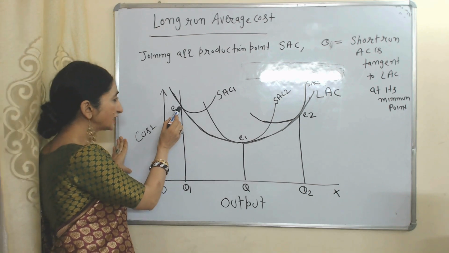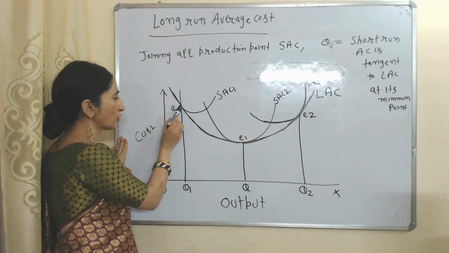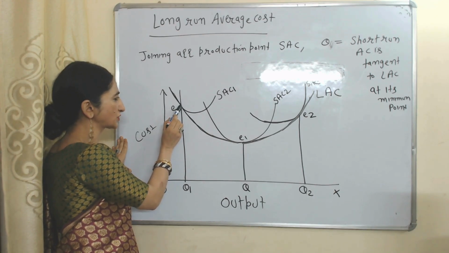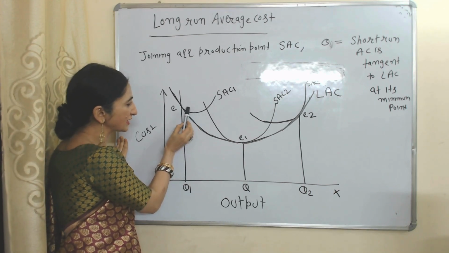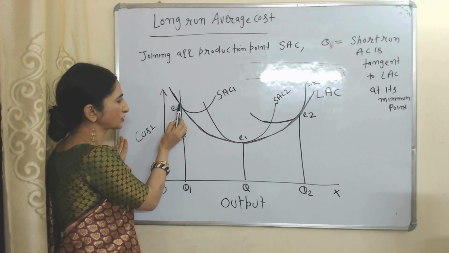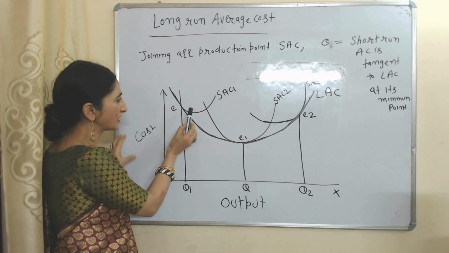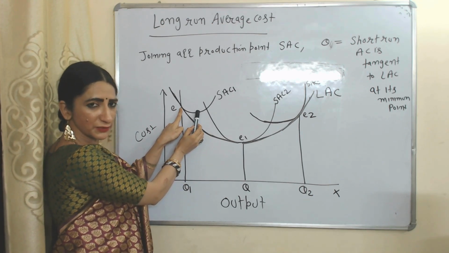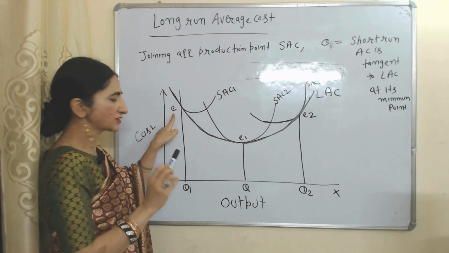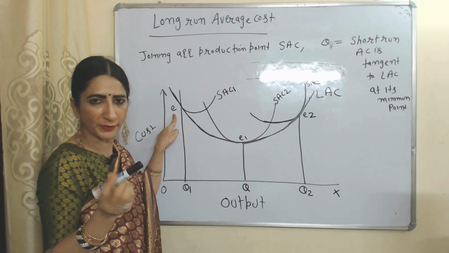Because at point E, the long run average cost curve touches the short run average cost curve before its minimum point. Its minimum point is here, but it touches the short run average cost curve before its minimum point. That means we still have this much capacity, but we are not producing.